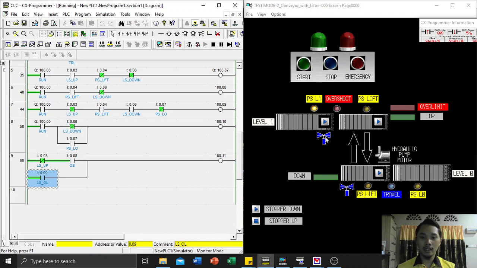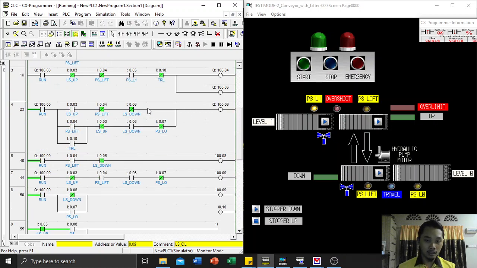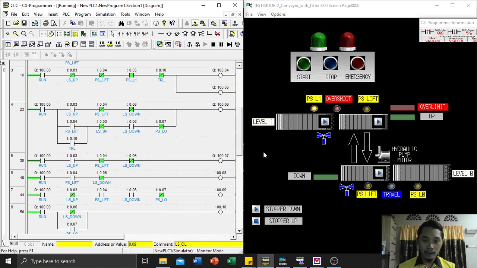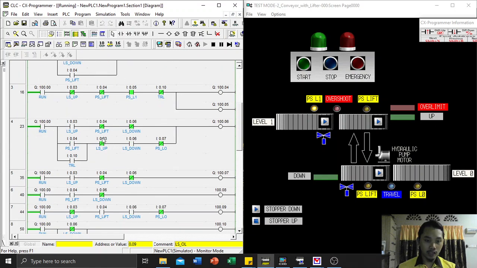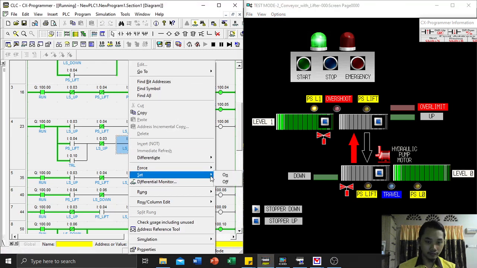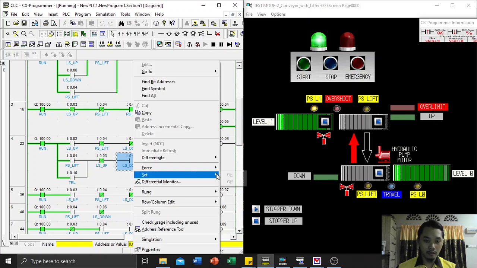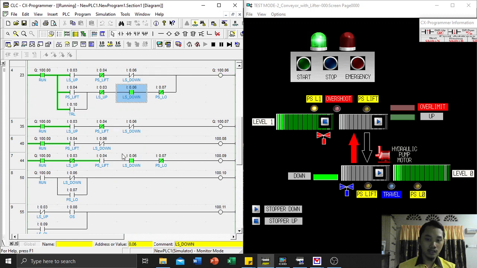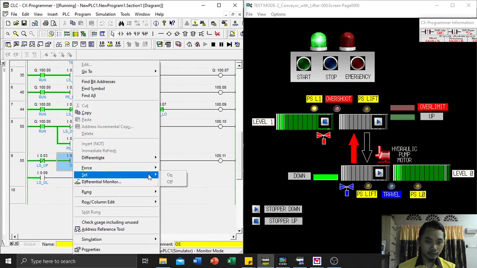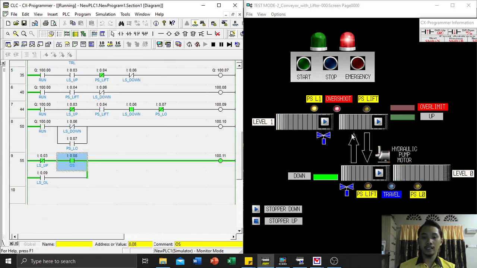Then, if the lifter is at the down position, I start again. If the lifter is at the down position but the overshoot sensor is on, this is a fault condition.